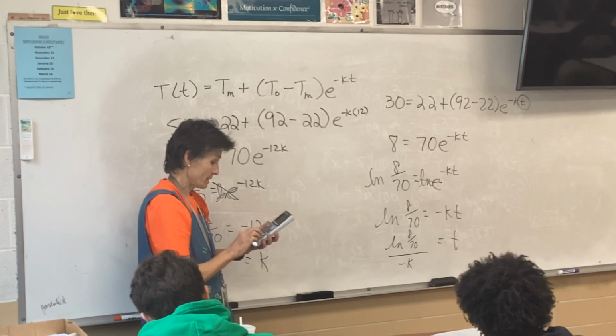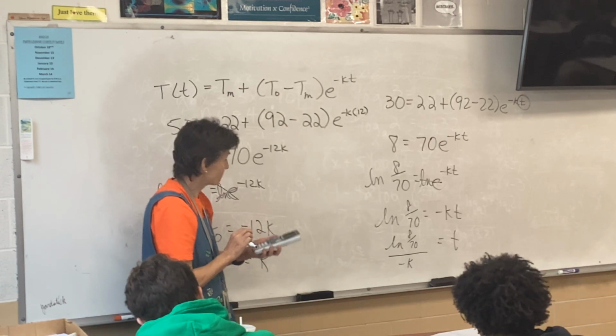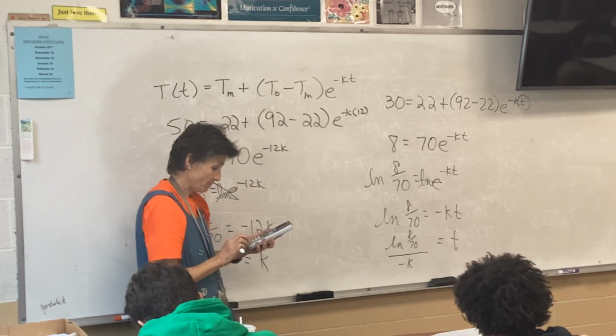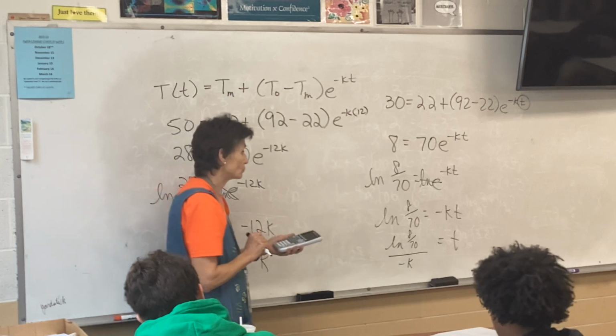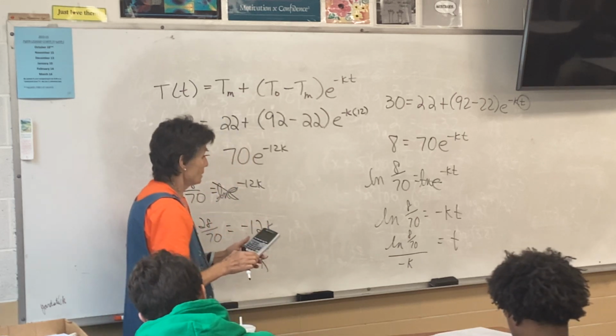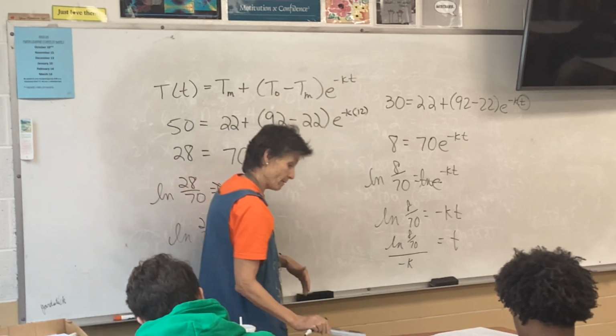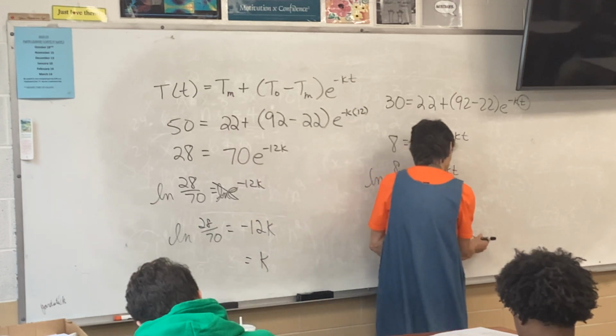So ln 8/70 divided by negative second answer. I got 28.4 minutes. Did you? Yes.